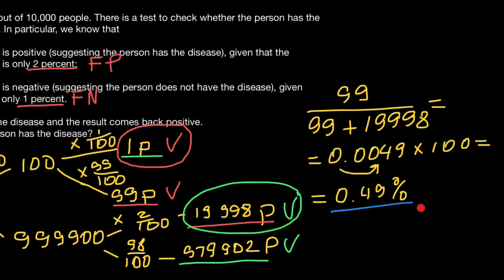But now you see that the actual number is, if you test positive, the probability that you really have the disease would be 0.49%, 0.5%, not 97, not 98 or 99. In other words, we can also say that if you got a positive result for this test, the probability that you don't have the disease would be 99.51%.